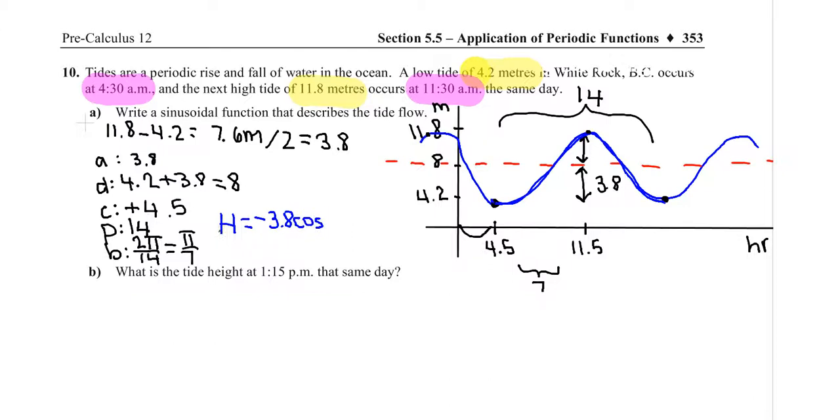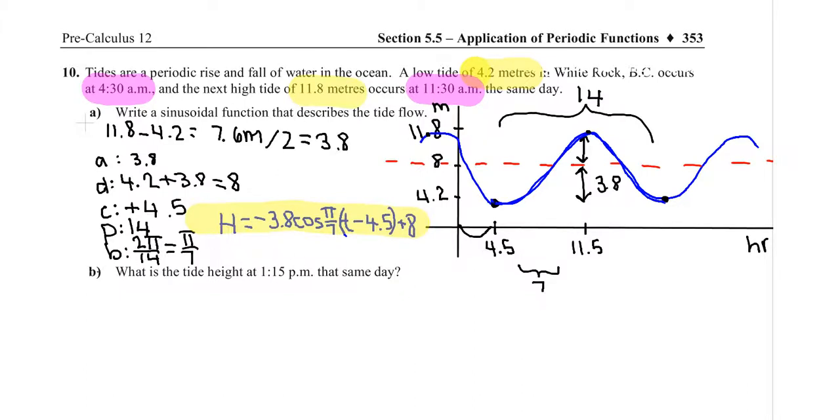Now B, so pi over 7, bracket, and instead of x, I'm going to write t because this is time. t minus, and our C is 4.5, minus 4.5, close the bracket, plus 8, which is our vertical displacement. So this is our equation.